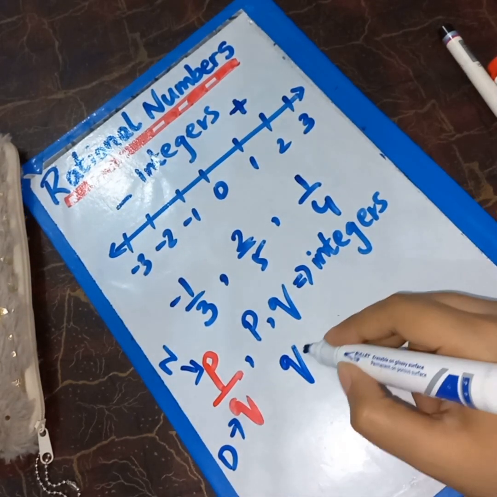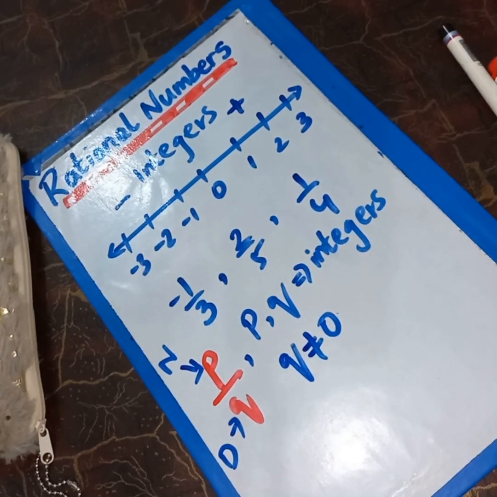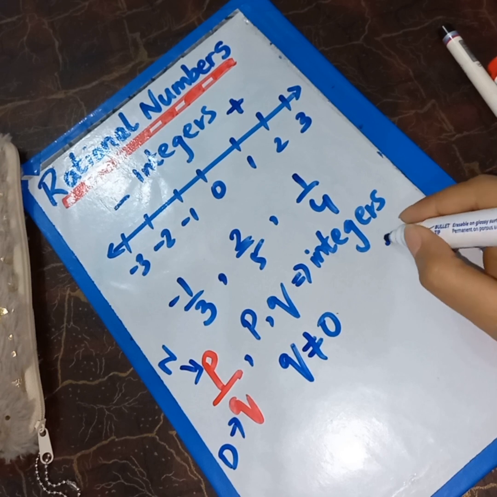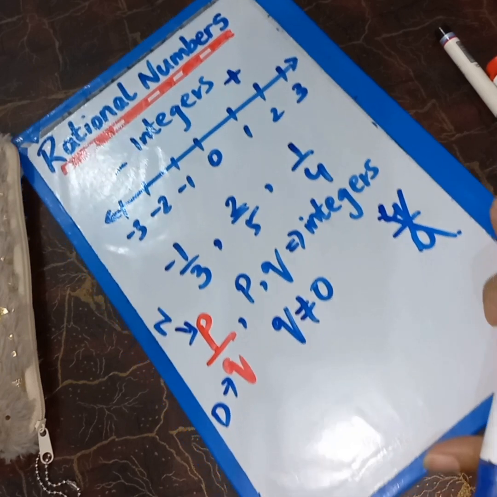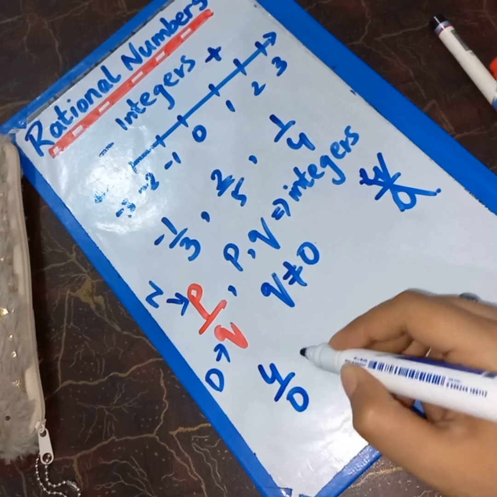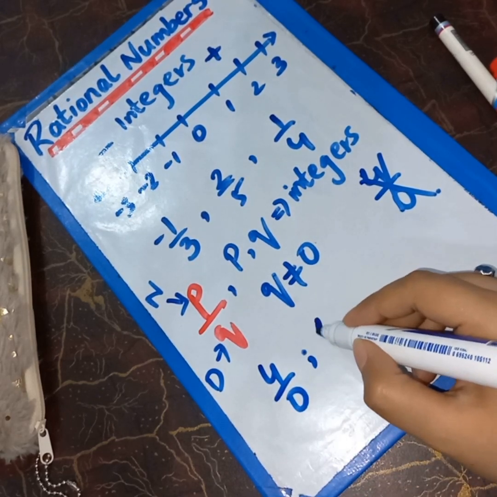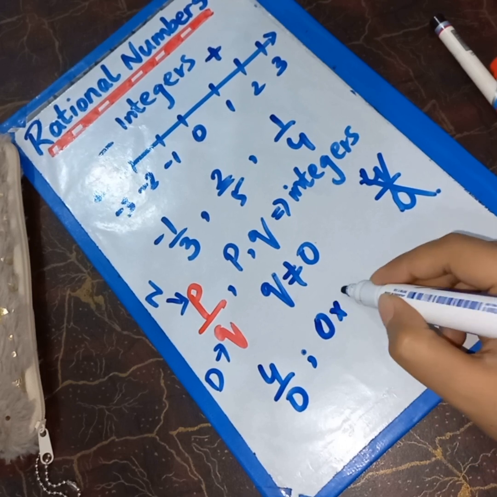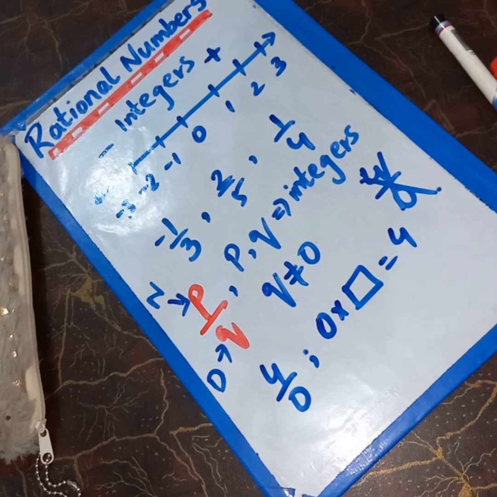The third and most important condition for a rational number is that Q, the denominator, should not be equal to 0. If it is 0, for example, if I say 4 by 0, then it will not be a rational number. The reason I can give you: for this fraction 4 by 0, which number will be multiplied by 0 to get 4?